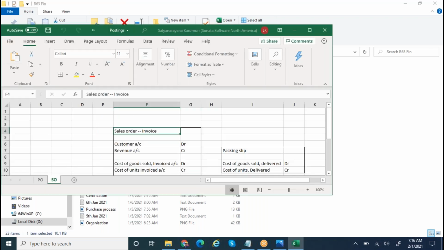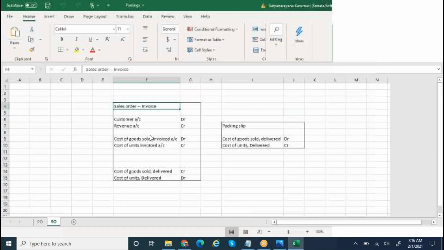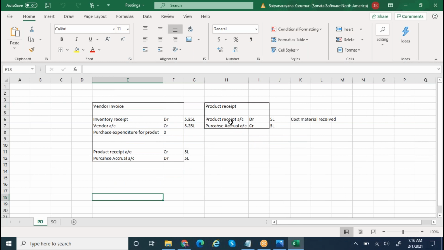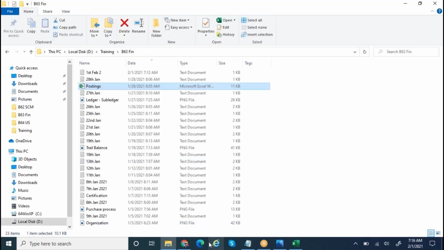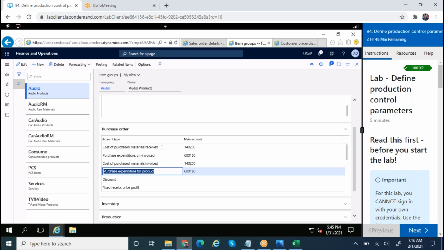If you remember, there are temporary accounts, product receipt and purchase accrual. So the product receipt is this one. Product receipt account debit and purchase accrual account credit.